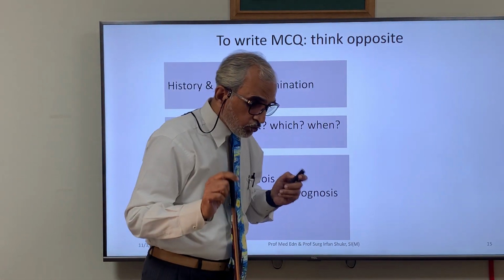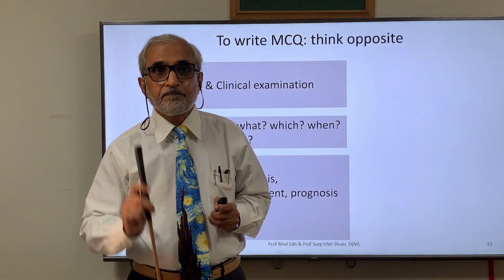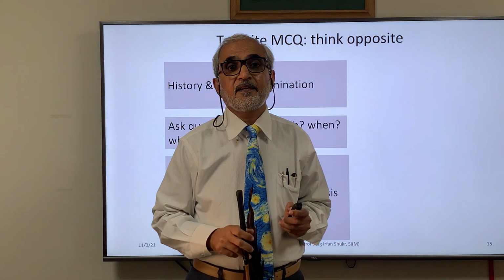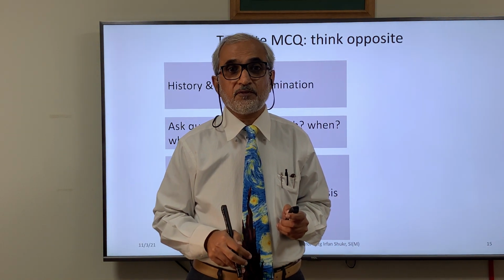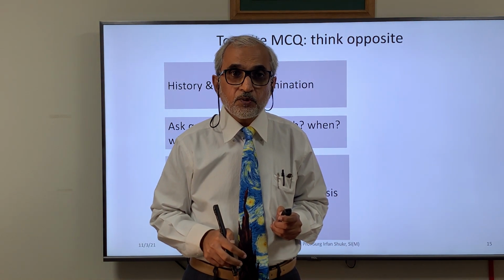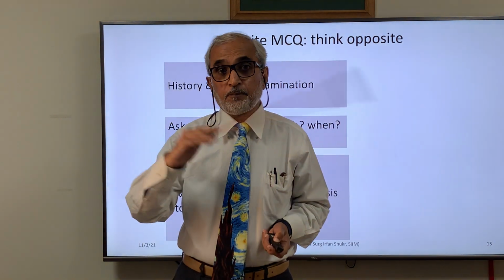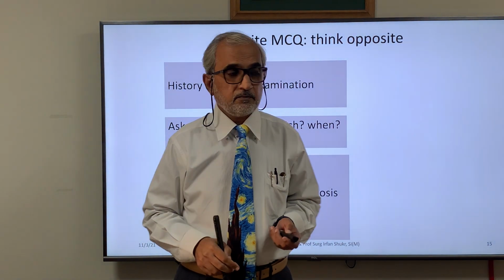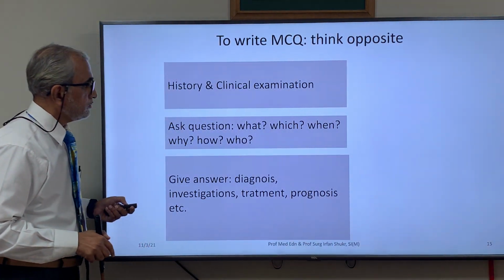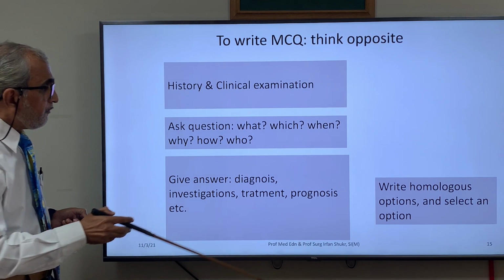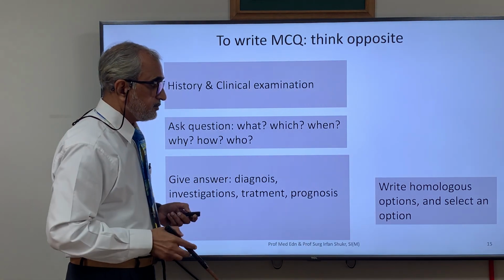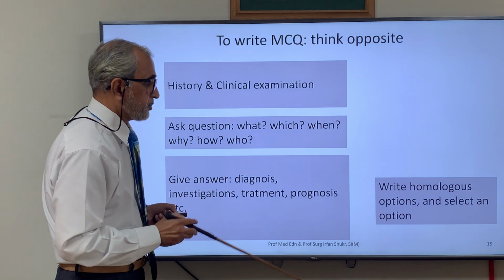The first thing you should remember is there is a paradigm shift in thinking which you have to bring into yourself, and while writing MCQ, you think totally opposite. First write options and select an option.